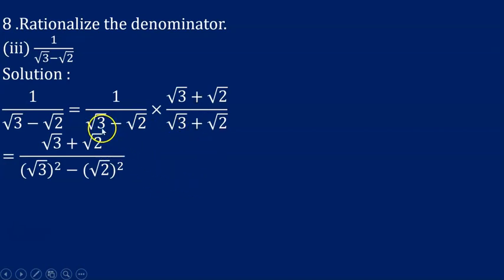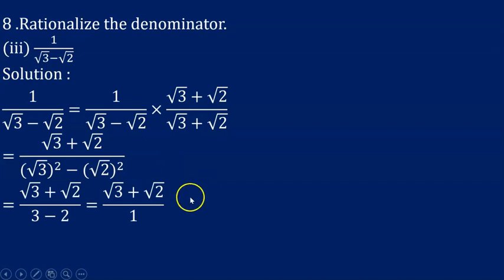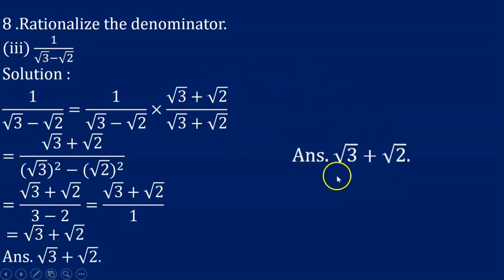Then what you will get here? A square minus b square means what? Root 3 bracket square minus root 2 bracket square. Then to the denominator you will get 3 minus 2, and hence root 3 plus root 2 upon 3 minus 2, then you will get here to the denominator 1, and hence the answer is root 3 plus root 2, and in this way the denominator is rationalized, and this is the answer, root 3 plus root 2.